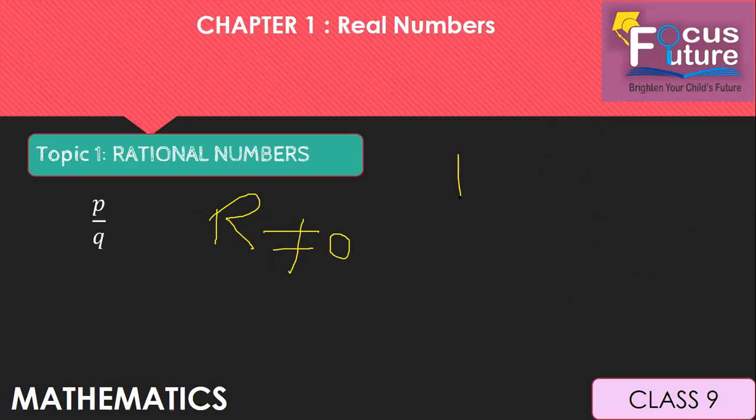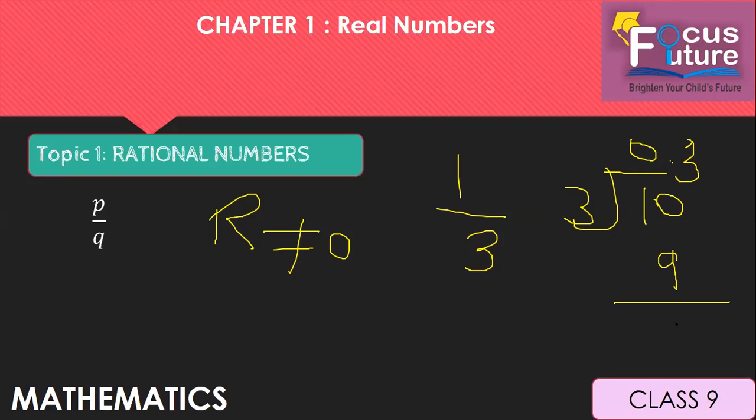Let us take the example of 1 by 3. We are dividing 1 by 3. 1 is less than 3, so again decimal and 10. 3 3s are 9. Again 1. Then again 3 3s are 9, because the decimal we have already placed. So this continues to infinity.